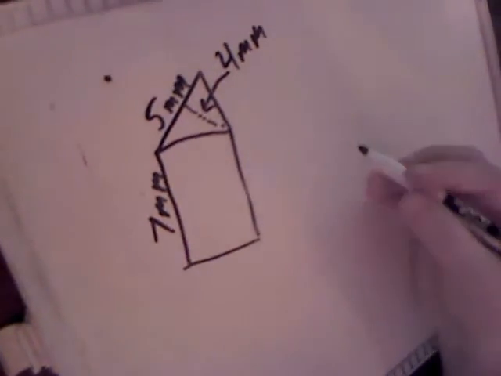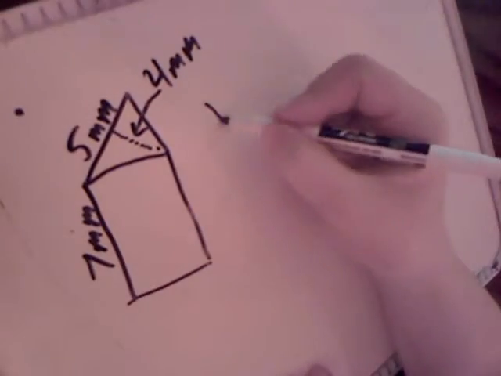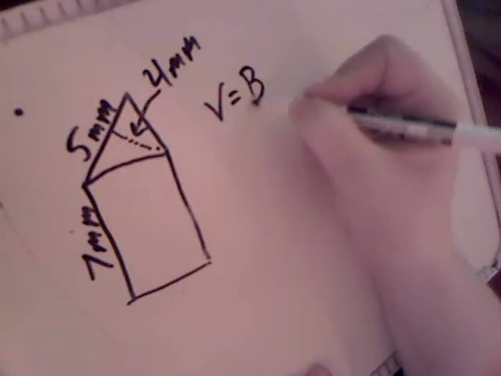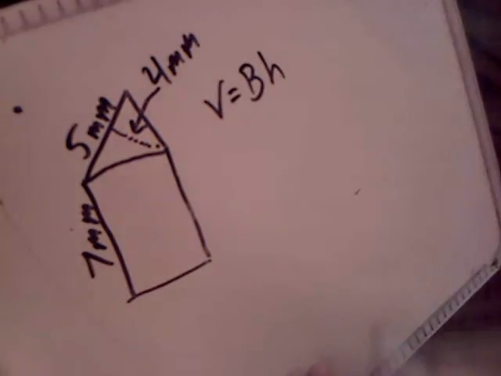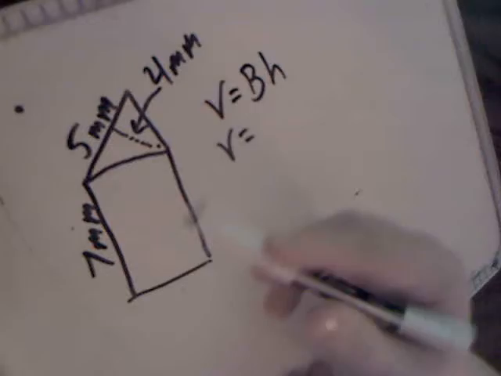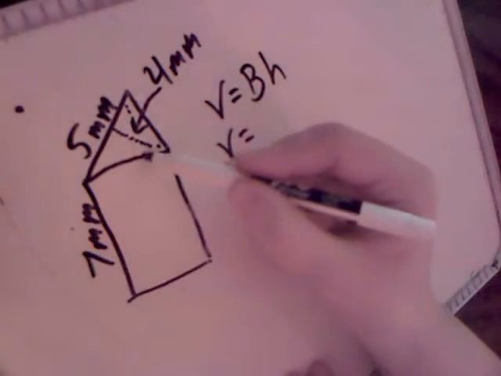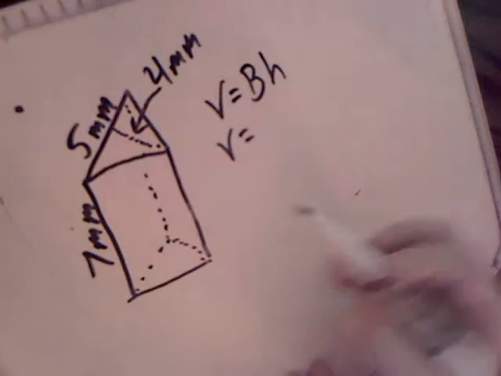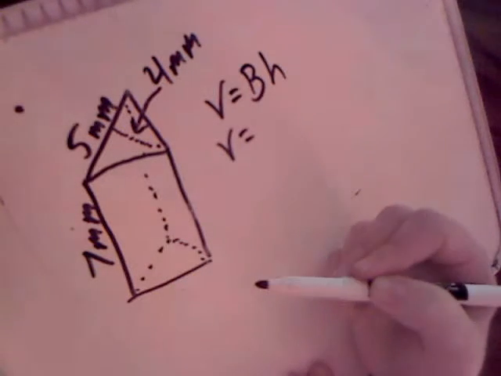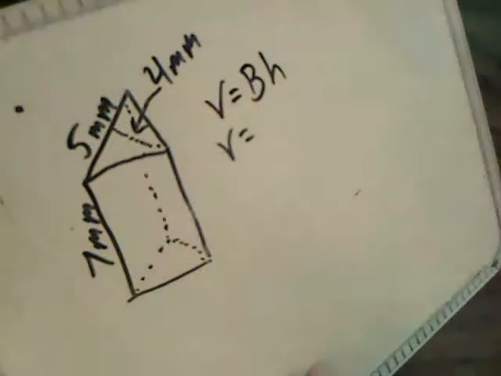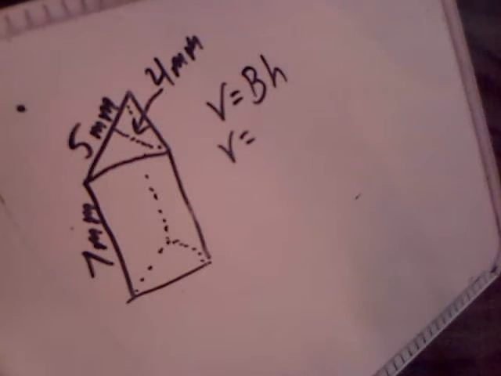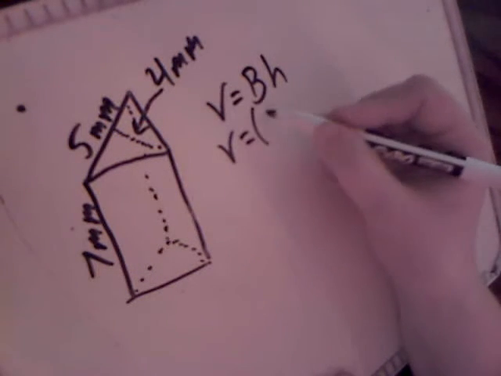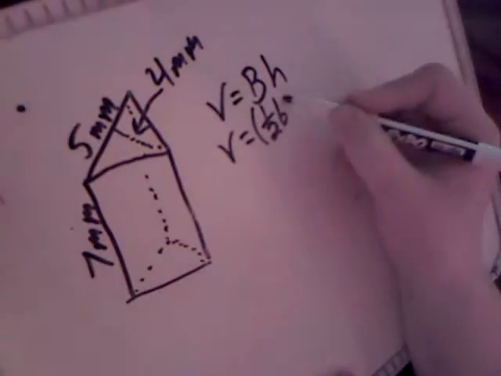We remember that the basic formula is V equals area of the big base times height. In this case, the area of the base is a triangle. So we're going to use the triangle formula from up top. The formula for area of a triangle is 1/2 base times height.